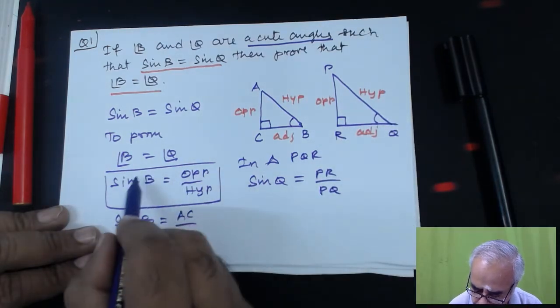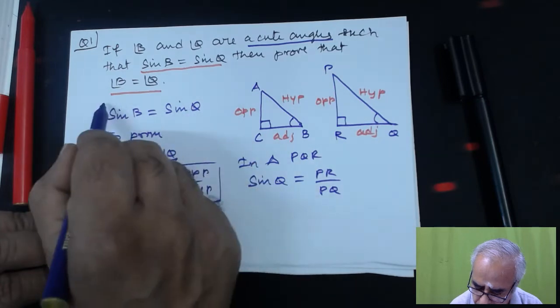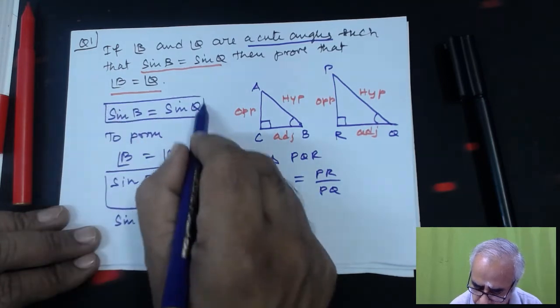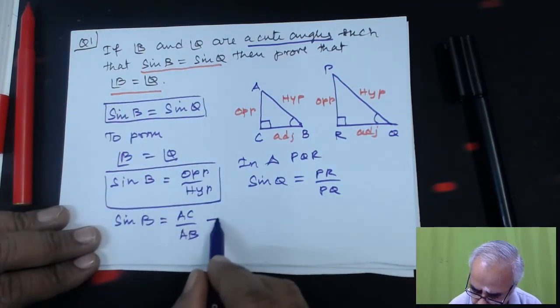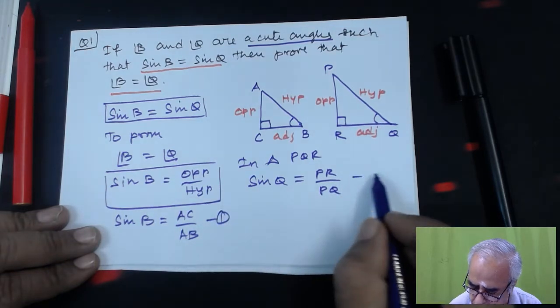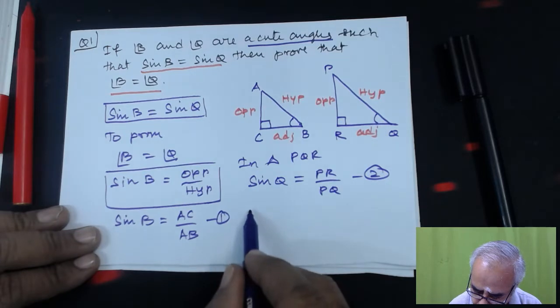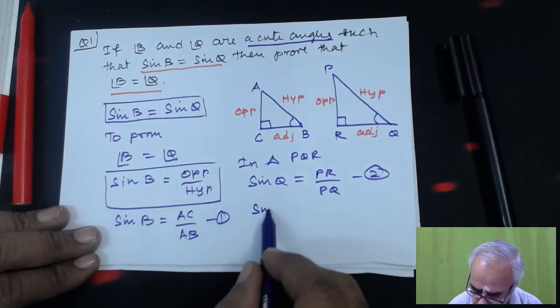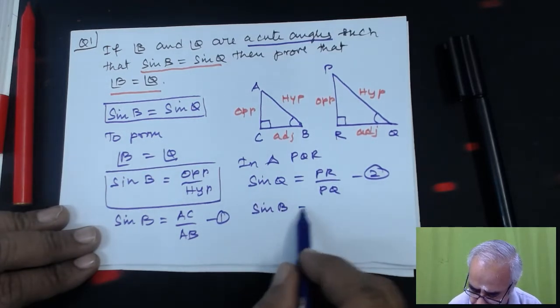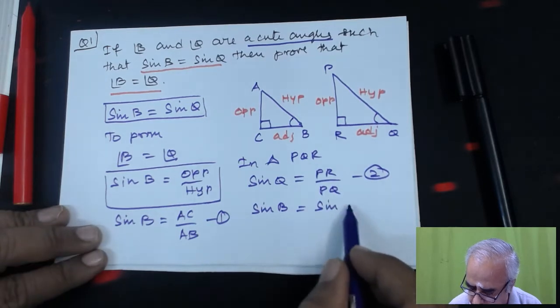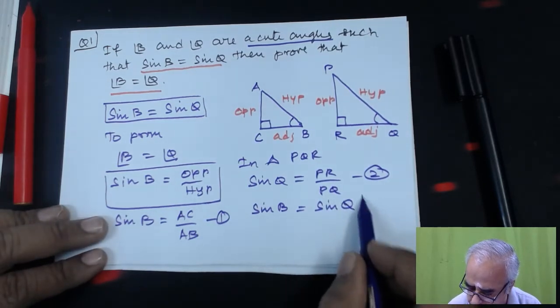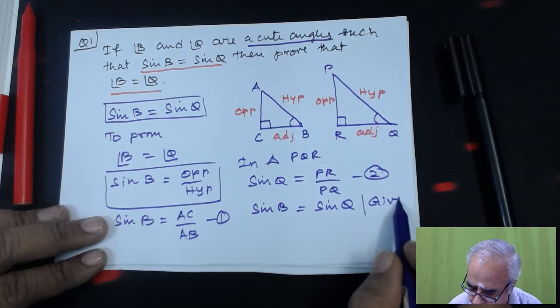We have already been given that sin B is equal to sin Q. So this is equation 1, this is equation 2. So the LHS are equal, is it not? Sin B is equal to sin Q, that is given.